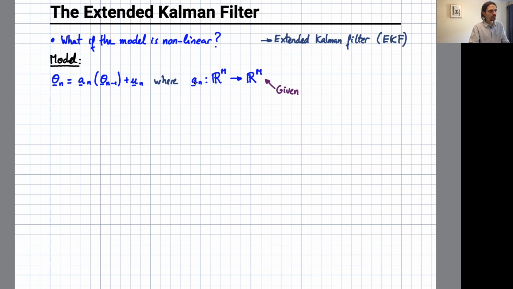This function will be assumed given in the same way as the transition matrix was assumed given for the Kalman filter. And regarding the observation equation, we also allow that the measurements are nonlinear functions of the state. So here we have another function that is given. In this case, it takes a vector with m entries and returns a vector with d entries.